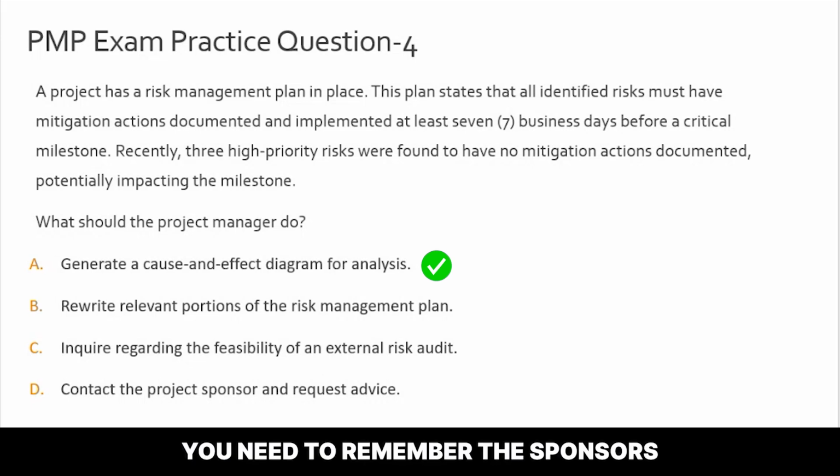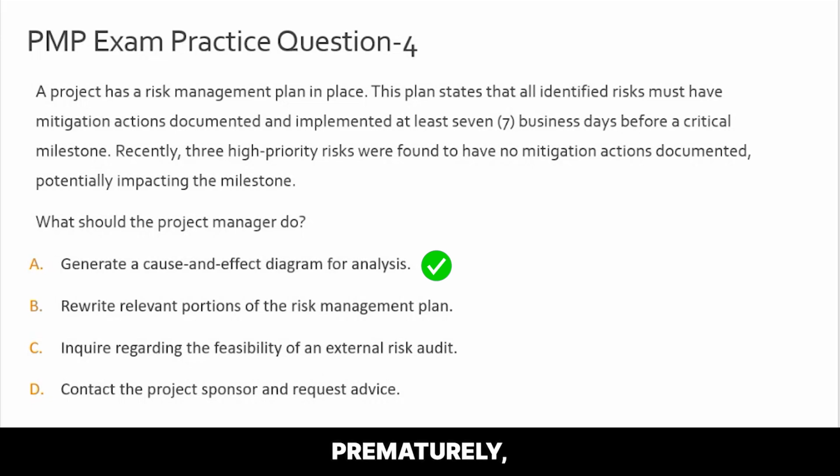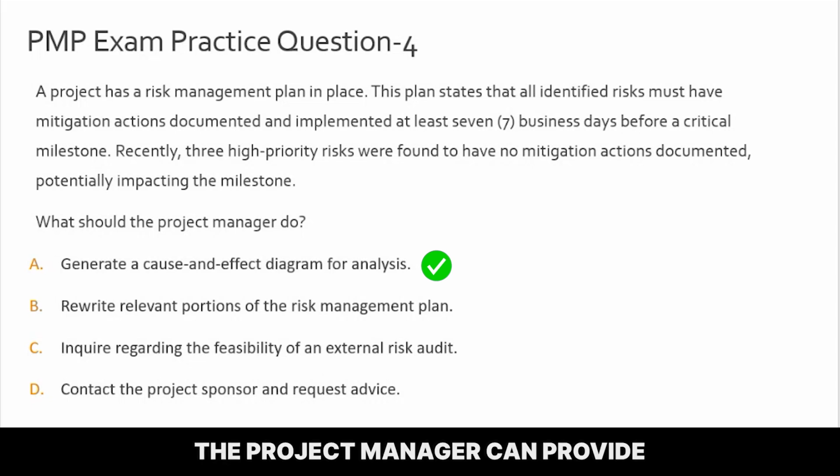You need to remember the sponsors expect the project manager to investigate problems and present well analyzed solutions rather than seeking guidance prematurely. Okay, so by analyzing the issue with a cause and effect diagram, the project manager can provide the sponsor with clear information and actionable recommendations if needed.